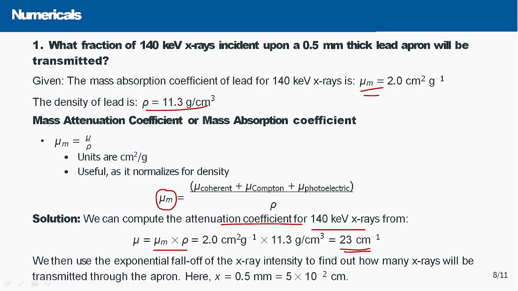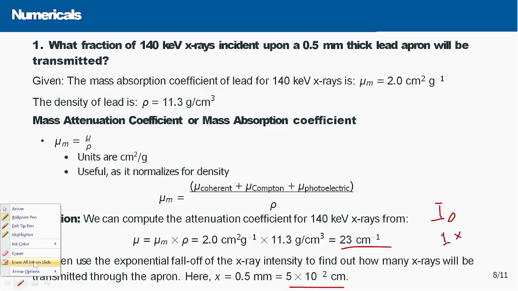So X is given, X equals 0.5 millimeter, that means 5 into 10 to the power minus 2 centimeter, and we know the mu value, we know the X value. We also know I naught, and we need to calculate Ix.